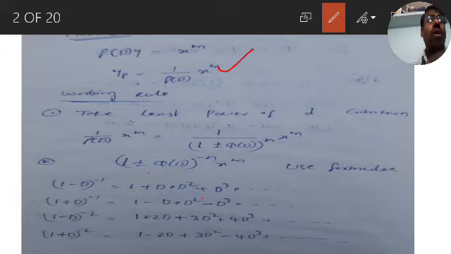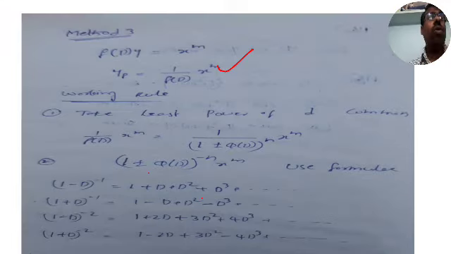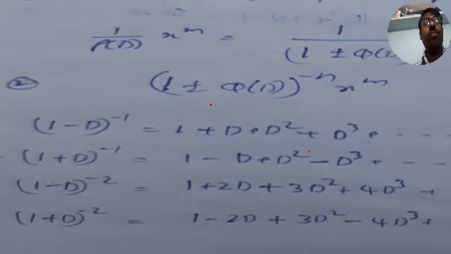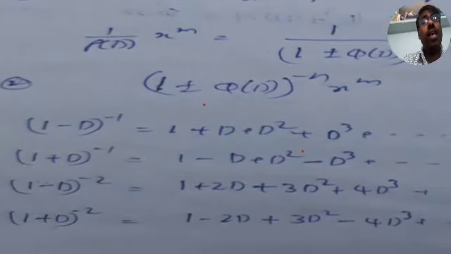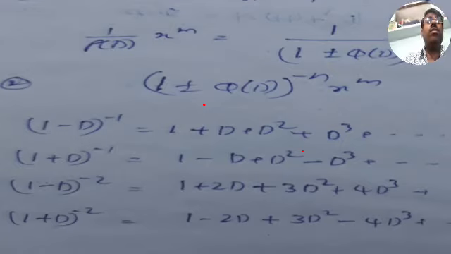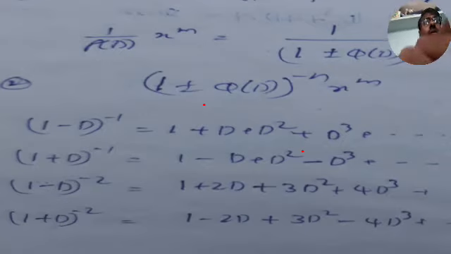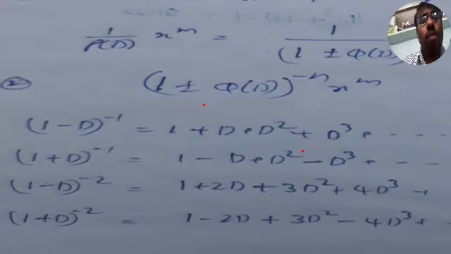In the second step, we are going to apply these formulas. 1 minus D whole power of minus 1 is 1 plus D plus D square plus D cube and so on. And 1 plus D whole power of minus 1.